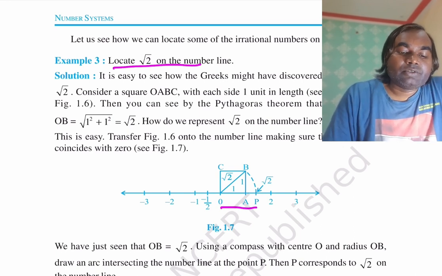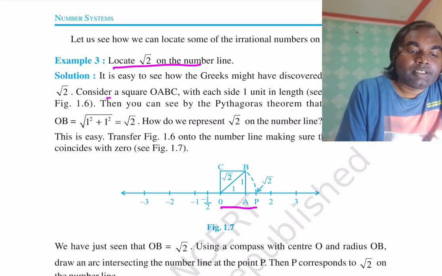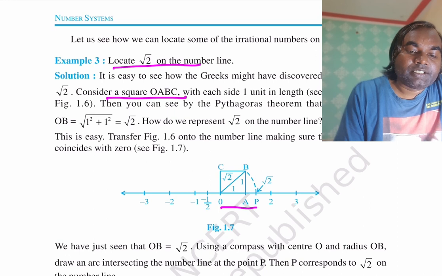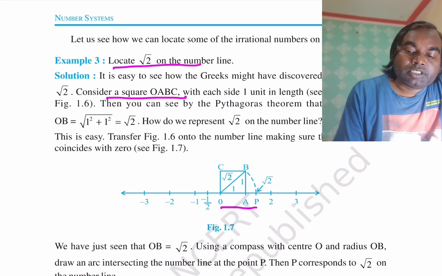For that, we will consider a square OABC, and then transfer it onto the number line with the vertex O coinciding with 0.